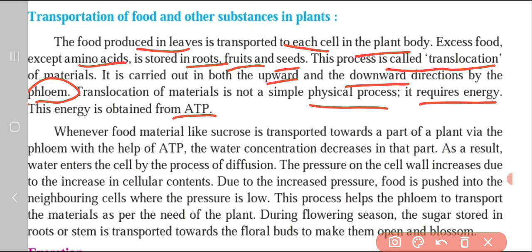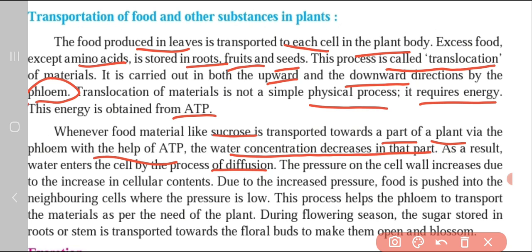So whenever food material like sucrose is transported towards a part of a plant via phloem with the help of ATP, the water concentration decreases in that part. As a result, water enters the cell by the process of diffusion.